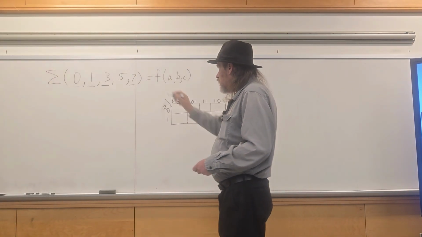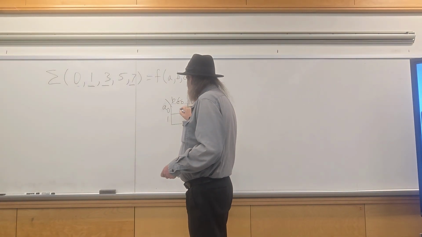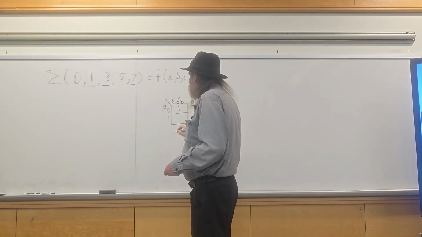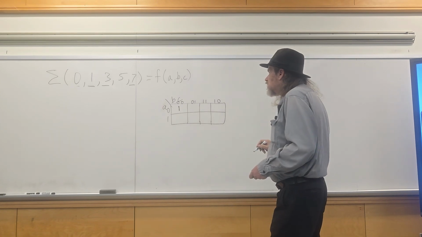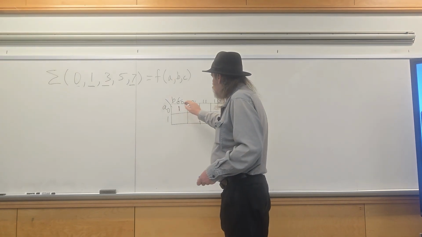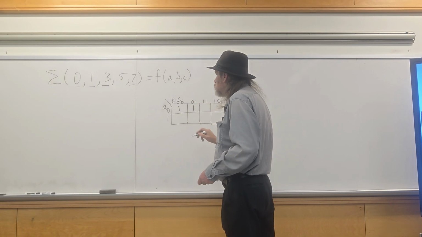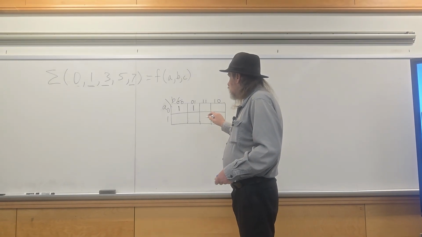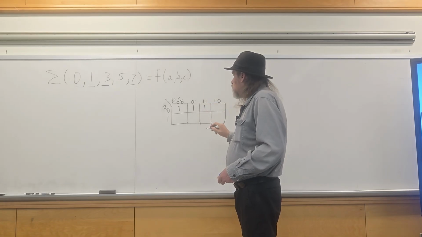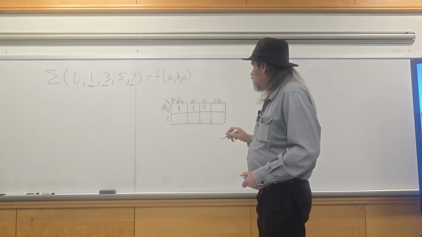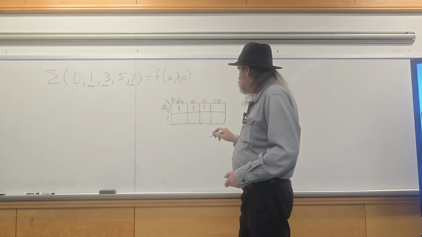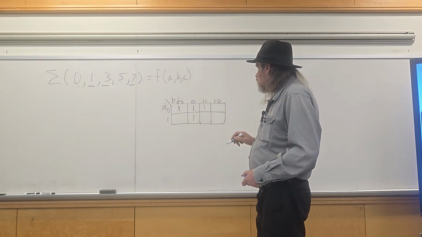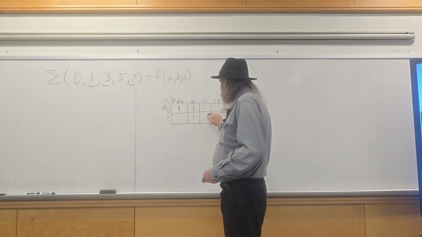You got 0, which is 0, 0, 0. 1 is 0, 0, 1. 3, 0, 1, 1. 5, 1, 0, 1. And 7, 1, 1, 1.